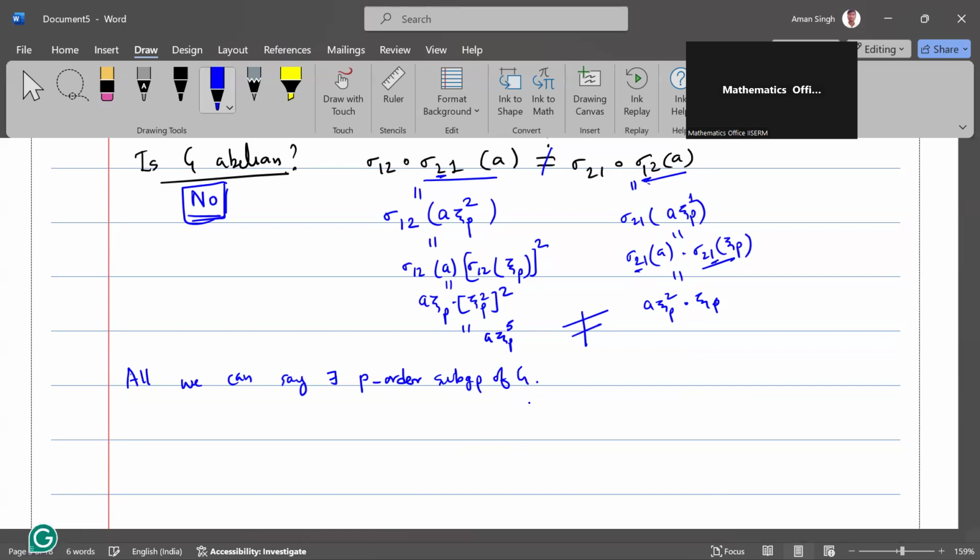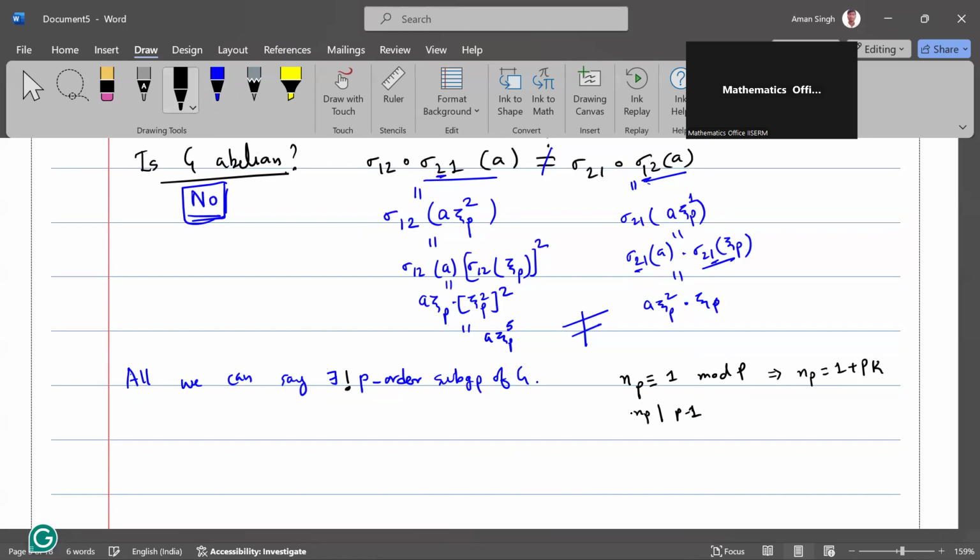So is this unique? That is the question. Sylow p, n p is congruent to 1 mod P and n p divides P minus 1. So n p is congruent to 1 mod P implies n p is equal to 1 plus pk of this type.